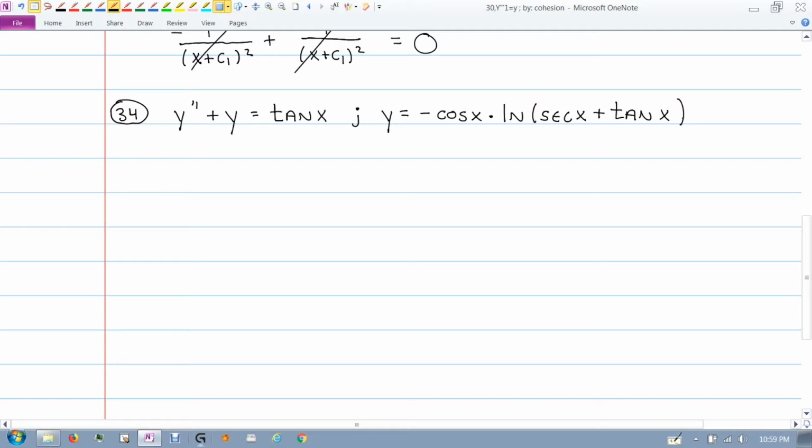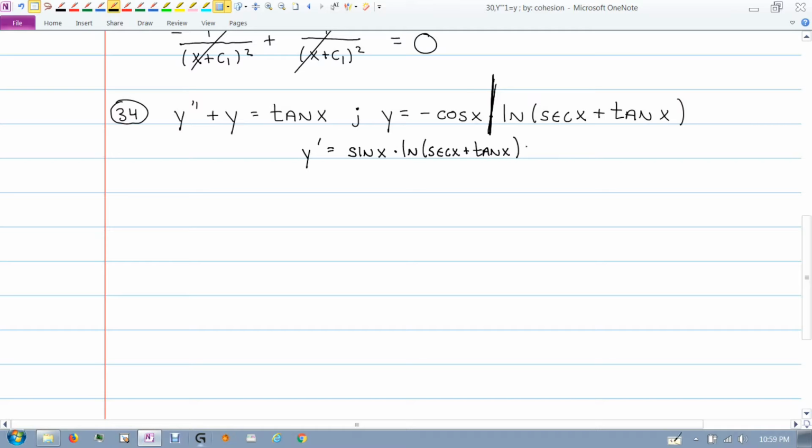Gonna have to take the derivative twice on this. Got a product rule right there. So our first derivative is, give myself some room here. Alright, so let me go back to that product right there. I've got the derivative of negative cosine x is just sine x times natural log of secant x plus tangent x.